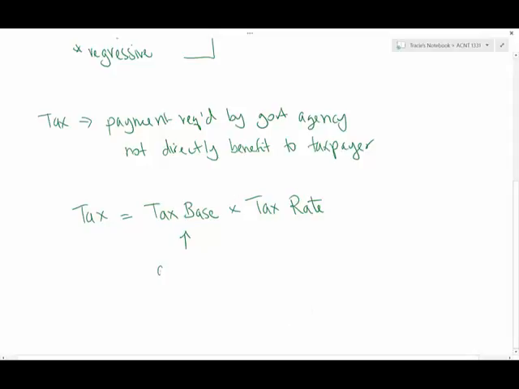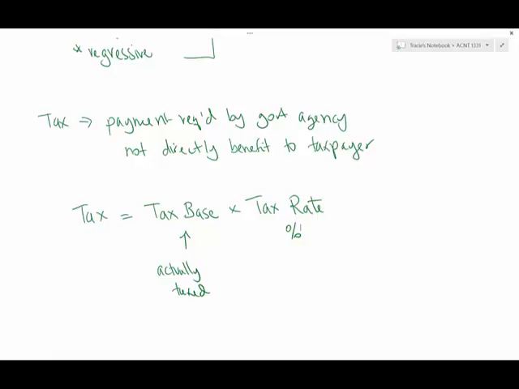And the tax base is what is actually taxed. And that's where we get into a lot of difficulties in this course, is understanding what is actually taxed. And then, of course, the tax rate is always defined as a percentage of the amount of the tax that's levied on the tax base.